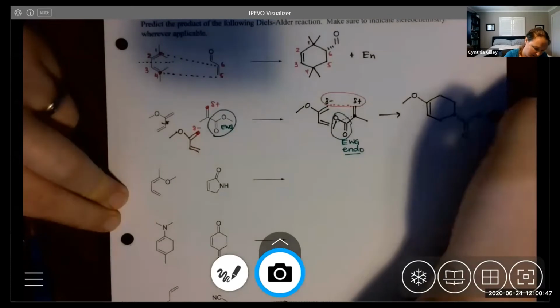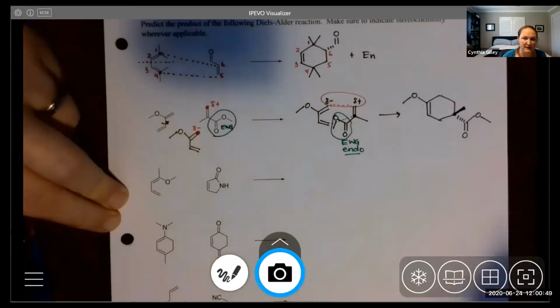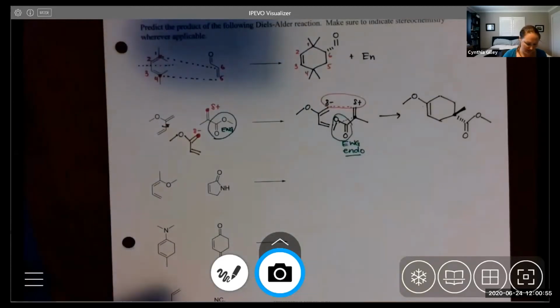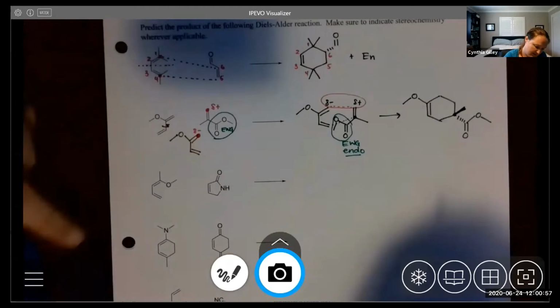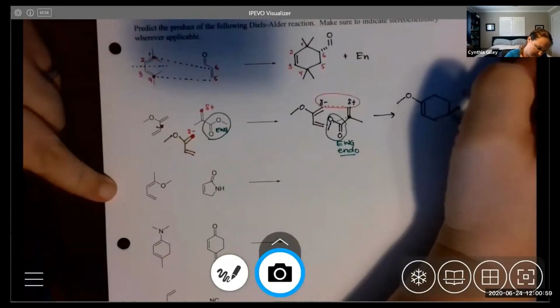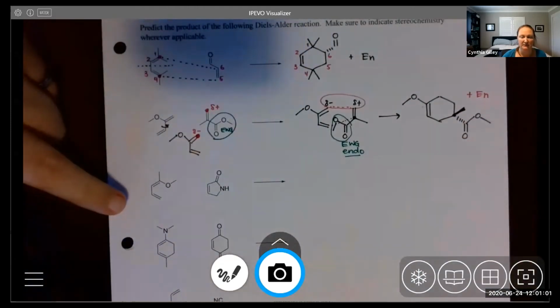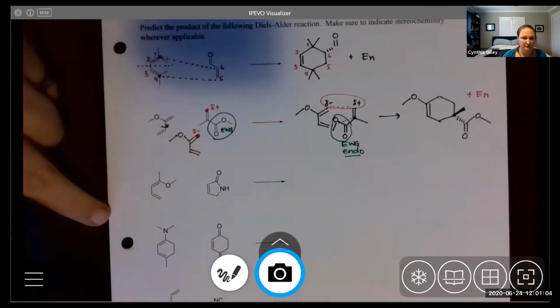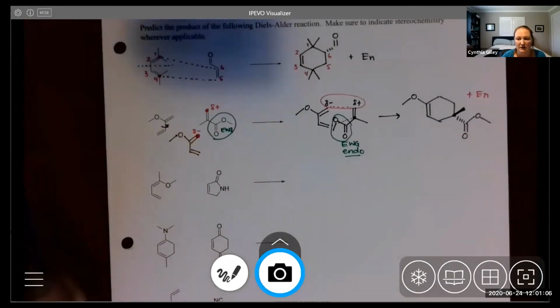That means my methyl group goes on the wedge. That's the only stereocenter, but just one is enough. Follow that one, Shira, is that okay?